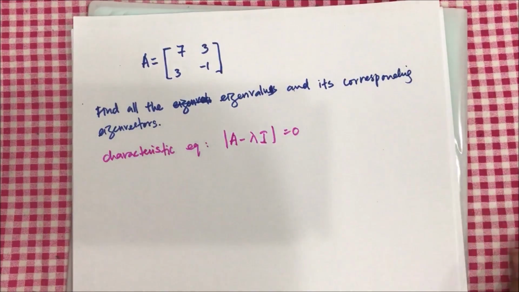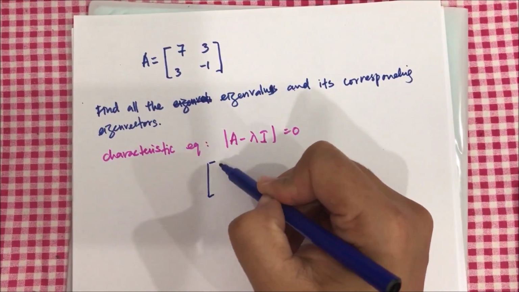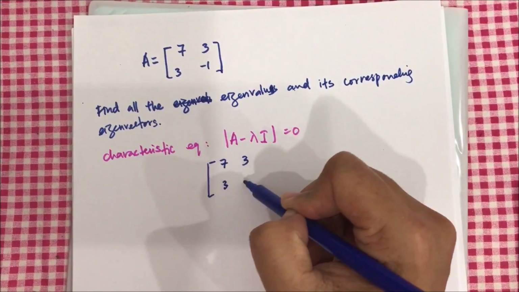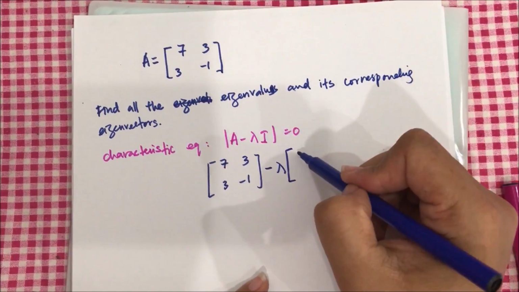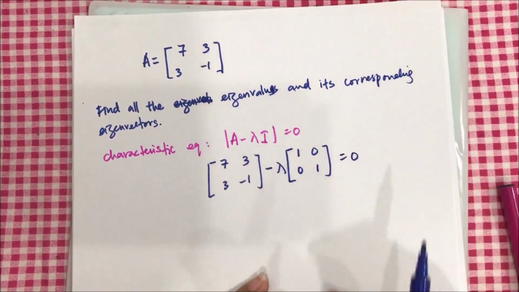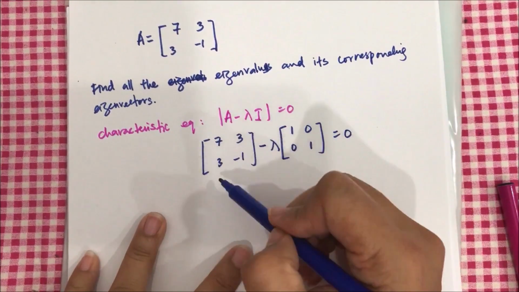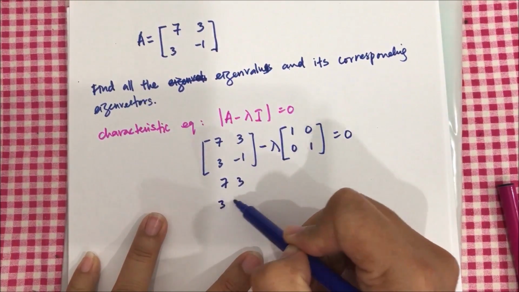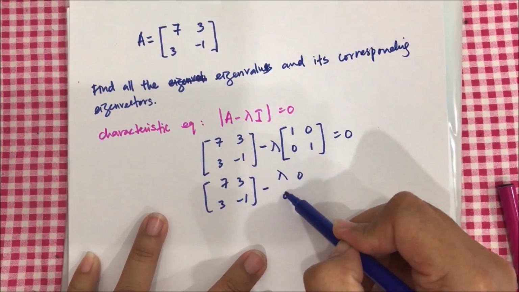So here we have matrix A, [7, 3; 3, -1], minus lambda times the identity matrix.